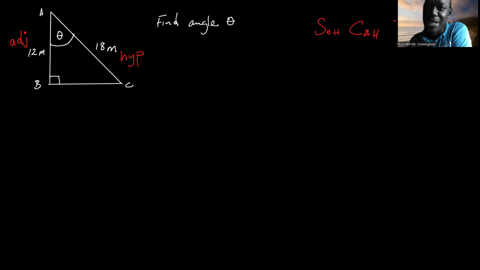Somebody say cosine, somebody say tan. Anybody say sine? No, sir, it's cosine. Everybody agree with that? Because it has A, adjacent, and it has H. Right, good.